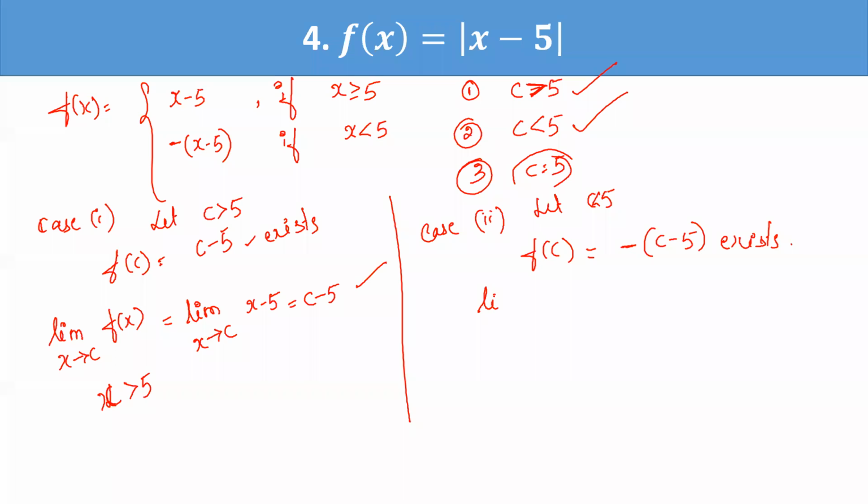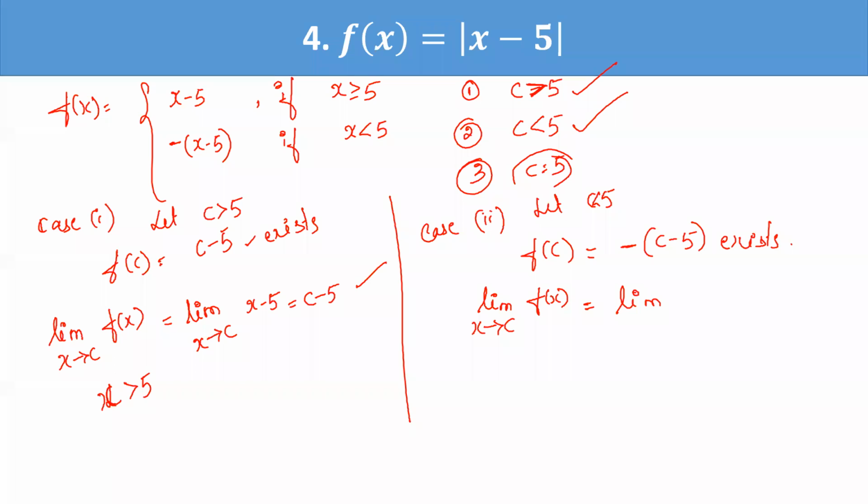And check the limit of f of x as x tends to c. So what is the definition? If x is less than 5, how will we define the function, in the first form or in the second form?